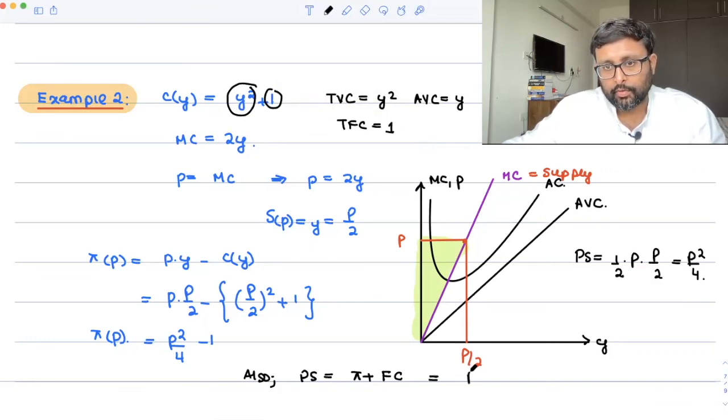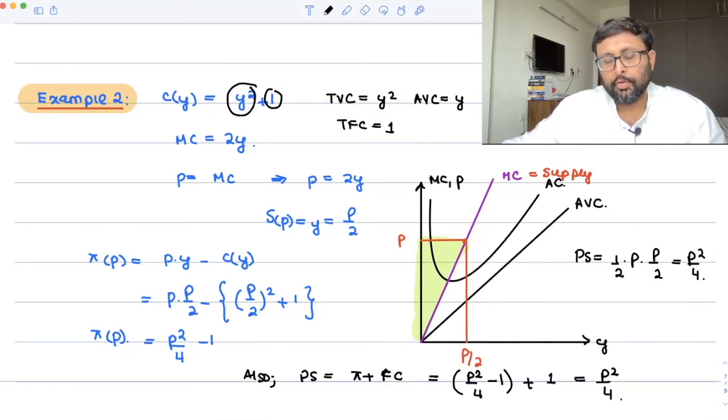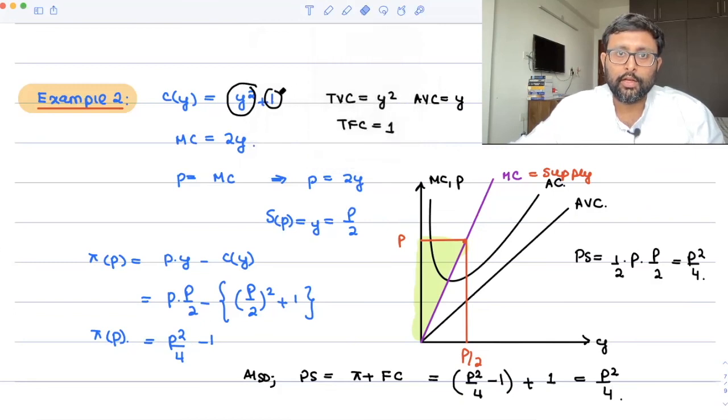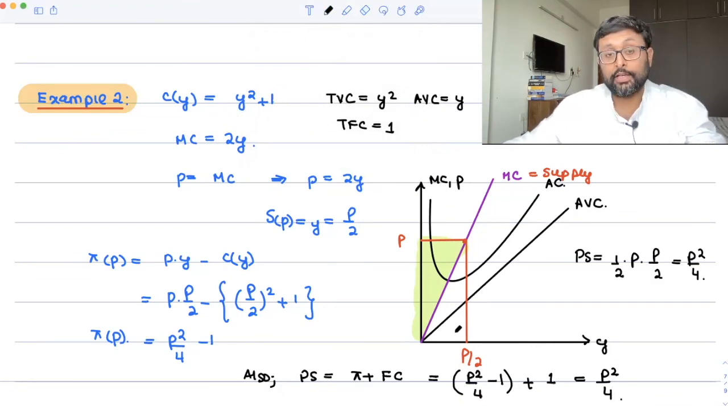P square by 4 minus 1. What are your fixed costs equal to? 1. So producer surplus equals P square by 4. So you can also think in this fashion. So these are two simple numericals for the supply function, shutdown point, and the producer surplus.